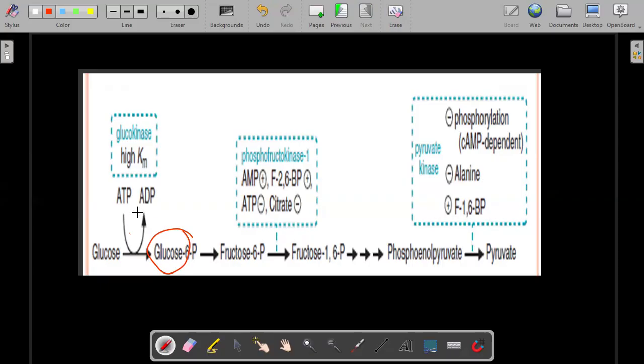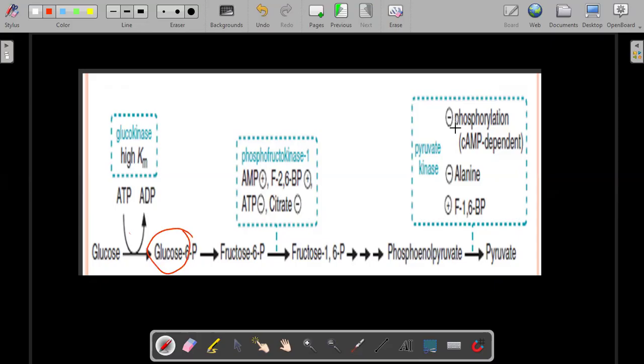Then we have phosphofructokinase 1, which can be activated by AMP and fructose 2,6-bisphosphate, and inhibited by ATP and citrate.